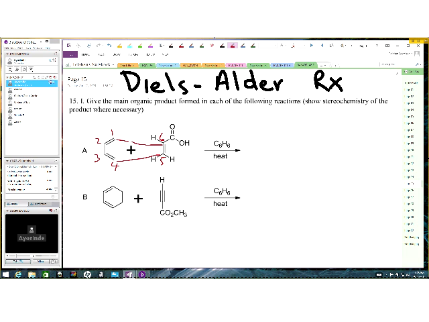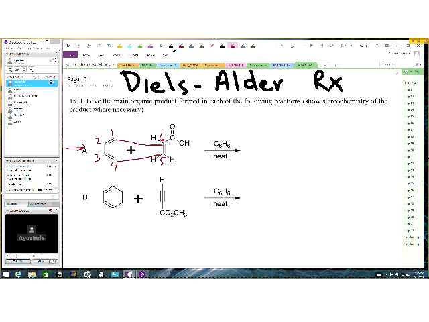So therefore, what will be the product? Once you do that, the three double bonds will disappear, and only one double bond will be left, and the double bond that will be left will be between carbon 2 and 3 right here. So what do we have?